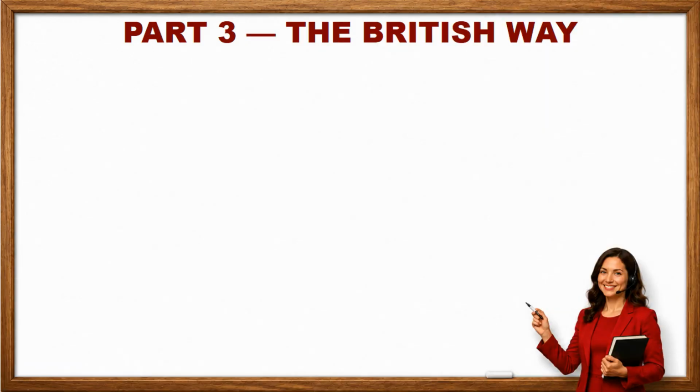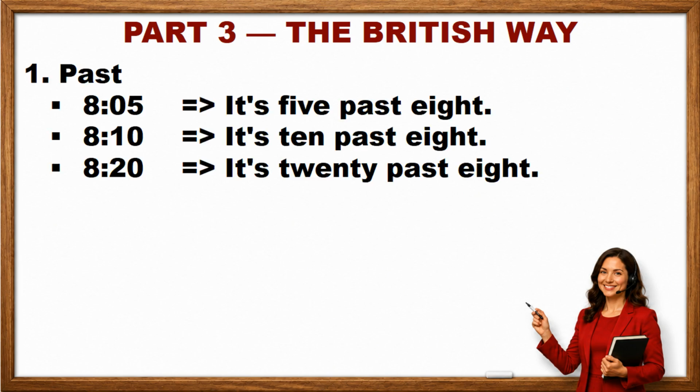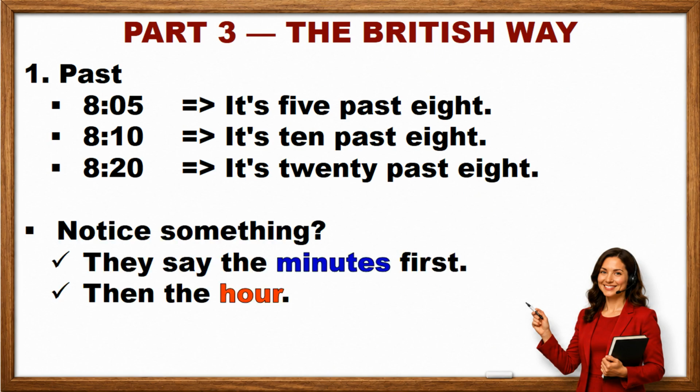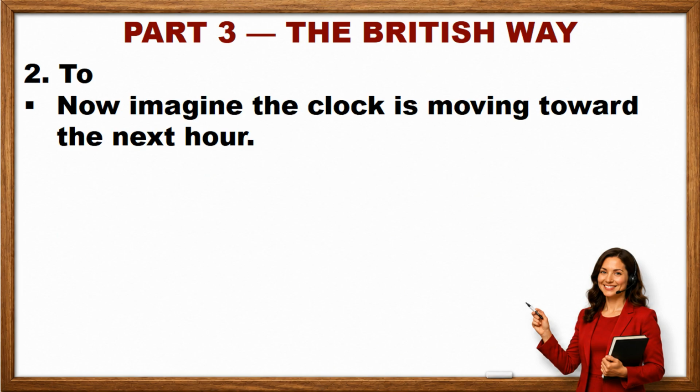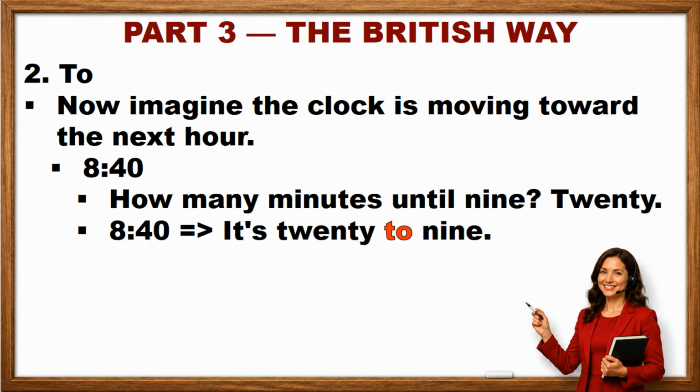Part 3. The British way. British English uses many traditional expressions. You'll hear them every day. 1. Past. 8:05. It's five past eight. 8:10. It's ten past eight. 8:20. It's twenty past eight. Notice something? They say the minutes first. Then the hour. 2. To. Now imagine the clock is moving toward the next hour. 8:40.